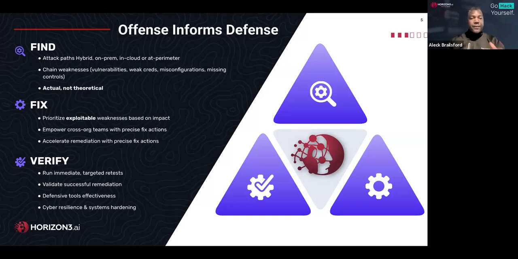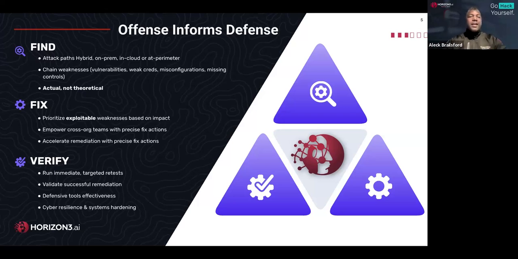Taking a step further to the fix now is once we've shown you exactly what is wrong and what needs to be remediated, it's then providing you the very detailed fix actions or the detailed remediation actions. So being able to understand, okay, here's what I need to do specifically to go and mitigate this particular risk within my environment. So it's really allowing you to prioritize, again, those exploitable weaknesses and go off and fix them within your environment, right?